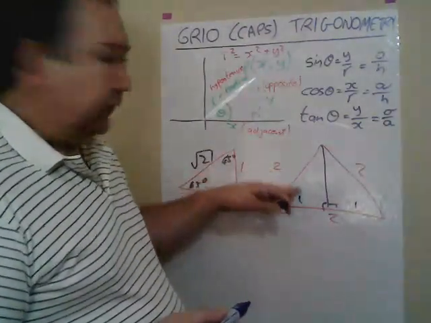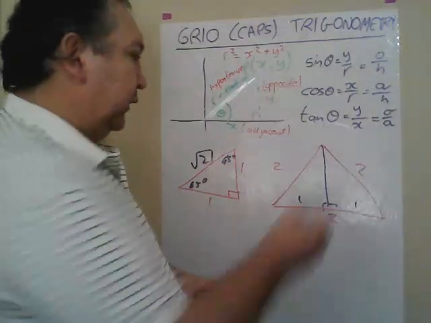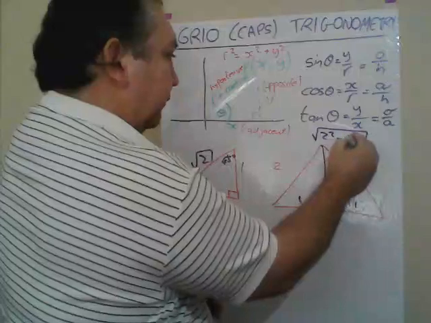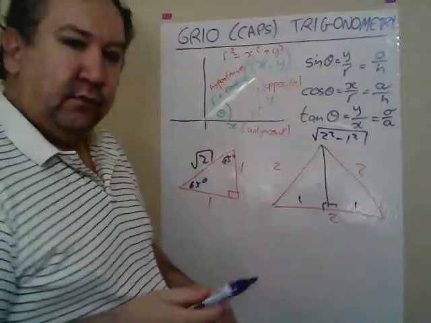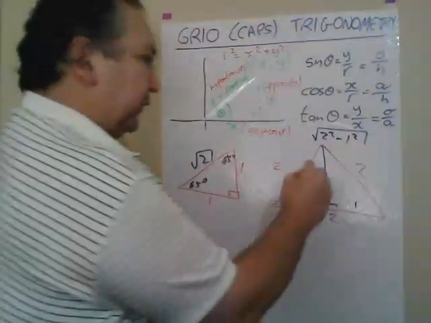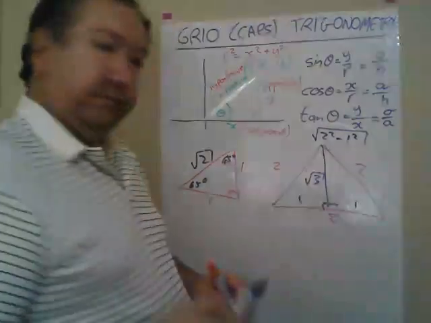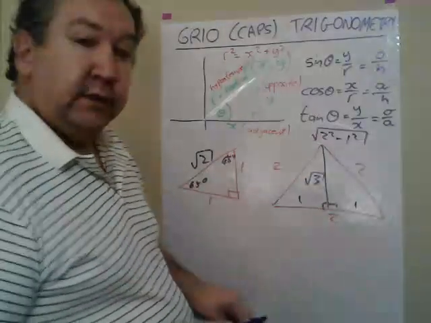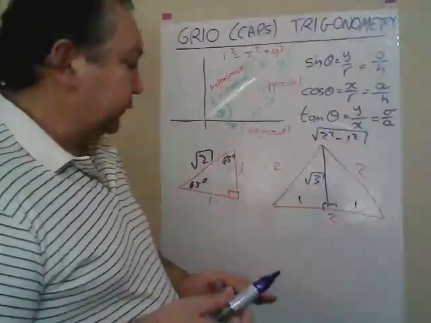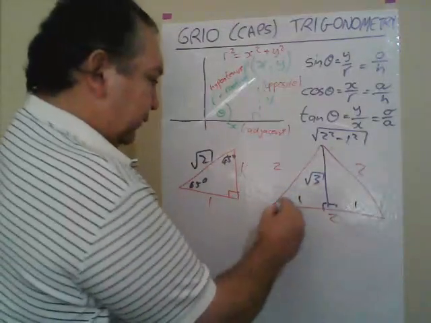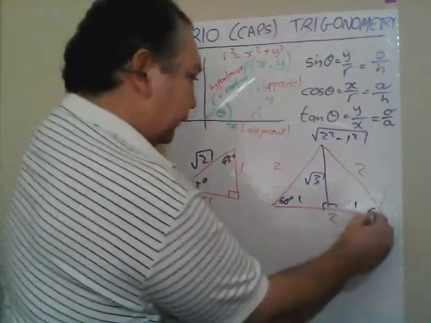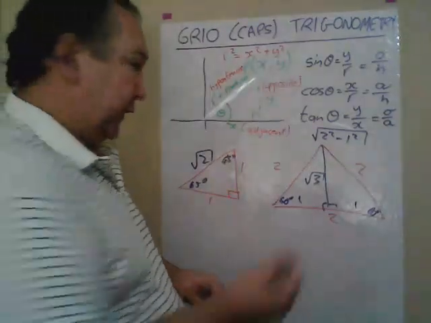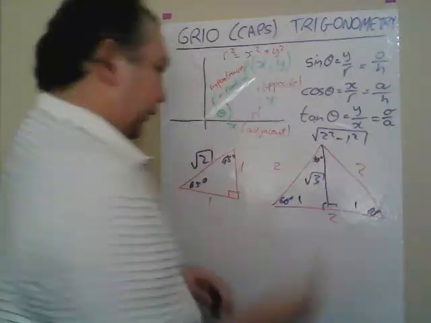So this side will be the square root of 2 squared minus 1 squared. 2 squared is 4, 1 squared is 1, so this will just be the square root of 3. Now we can fill in the angles. This is an equilateral triangle, which means all the angles are the same and therefore 60 degrees. We divided that angle into 2 equal bits, so each will be 30 degrees.